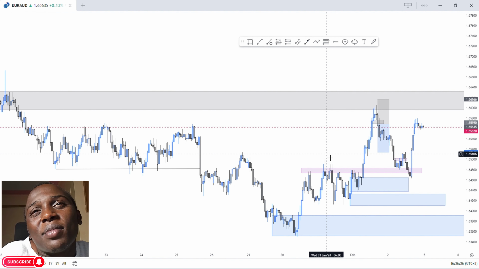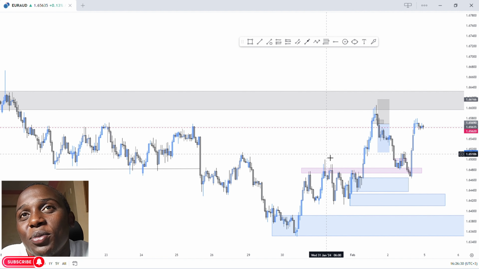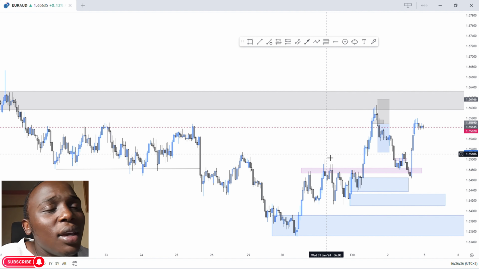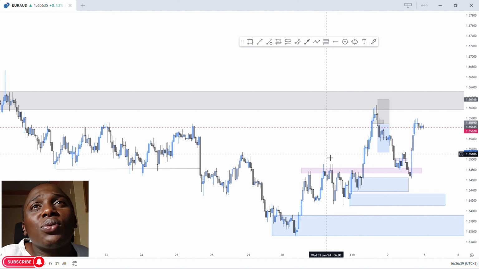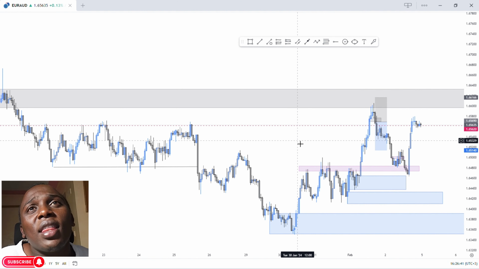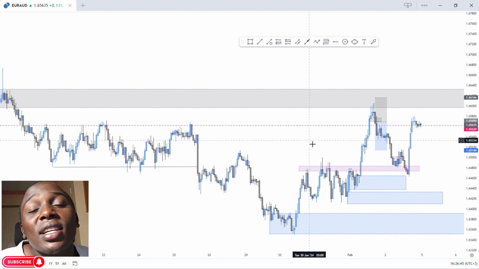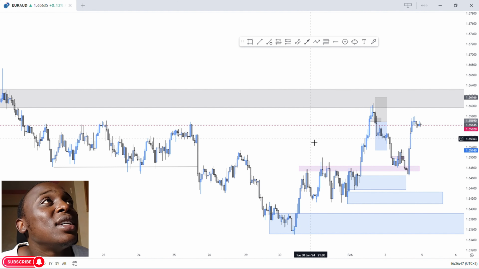But at the same time, I was sad because I left a lot of profit on the table. And that is something I'll keep on trying to improve. So that was for Euro Australian dollar. That is how I got to enter the trade, and I was supposed to get a nice profit in this trade, but it is what it is, and life moves on.